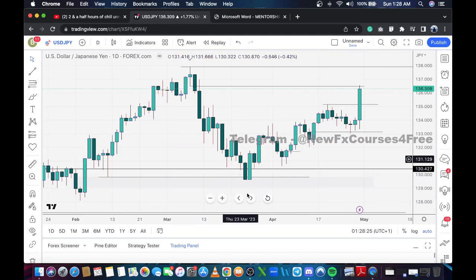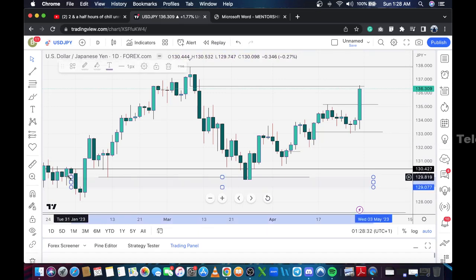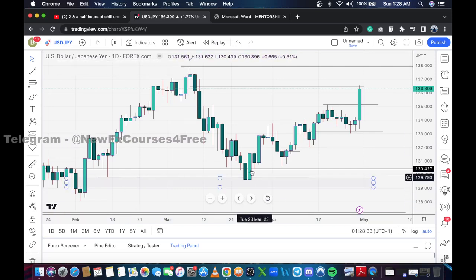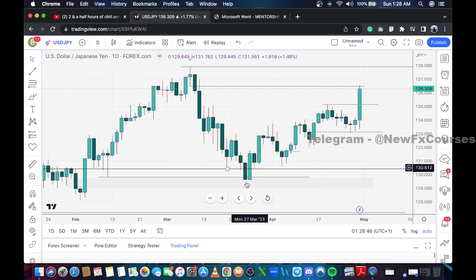Our rule or protocol for a balanced price range is not validated because the market does not trade through the consequent encroachment of our BPR. So it shows very strong willingness to displace away from there. As soon as it trades in there, look at the next candle, it trades higher. Now, retail is going to call this a bullish engulfing. We're not concerned with the candles. What I want you to see is how we are respecting discount.